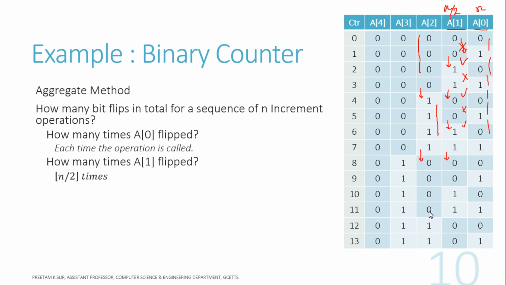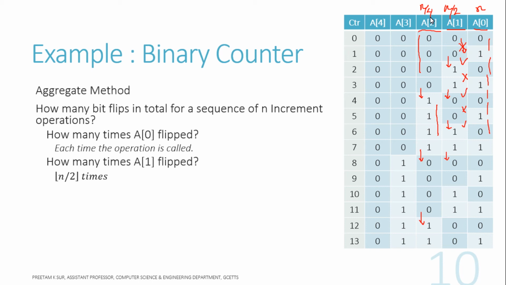So in every fourth increment call the A2 bit is flipped, which means it is flipped n by 4 times for a sequence of n increment operations.